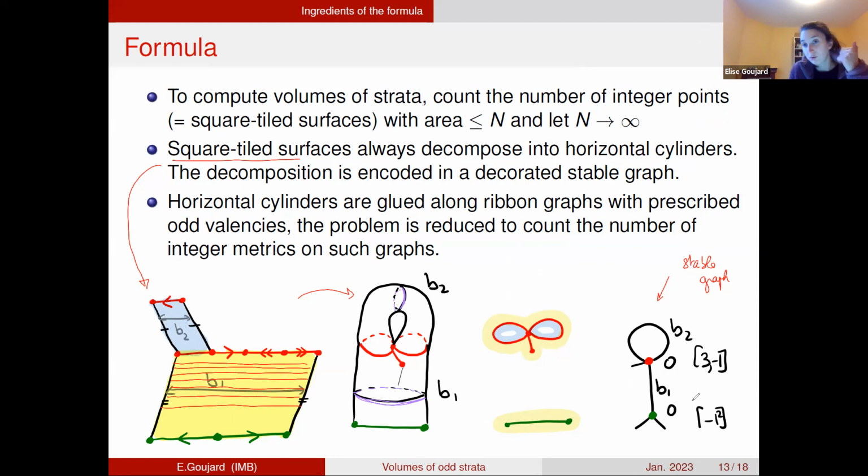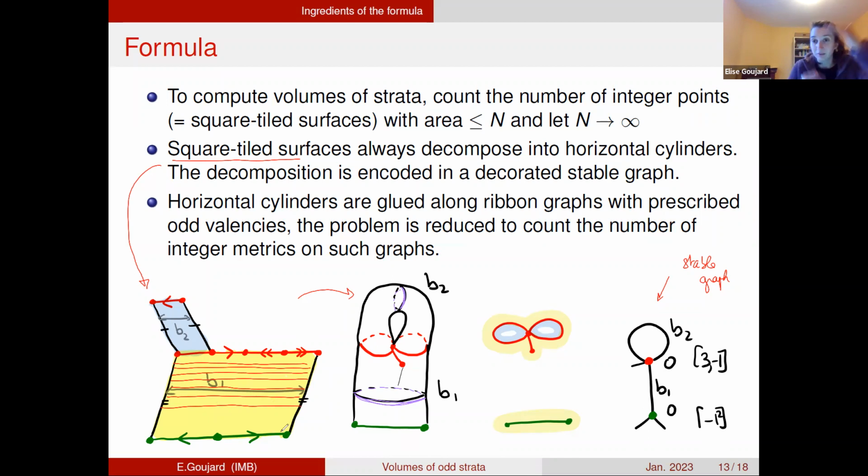And you take the dual graph and it's a stable graph like this. Or if you prefer, if you don't know about the Deligne-Mumford compactification, you just take the graph where edges correspond to cylinders, and vertices correspond to the graphs that correspond to the boundary of the cylinder.